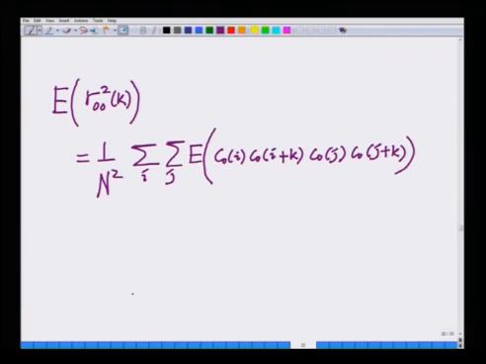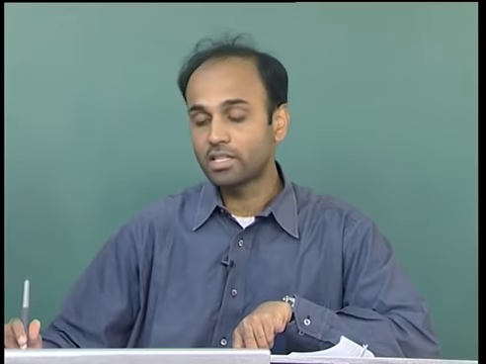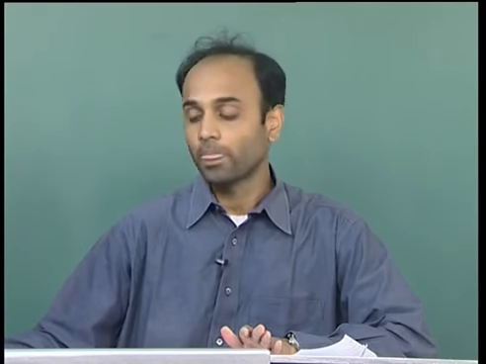Now, if i is not equal to j, then these chips are independent. We said C 0 i is independent of C 0 j, because for any two chips with i not equal to j, the two chips are independent, hence the expected value is expected value C 0 i into expected value C 0 j and so on.